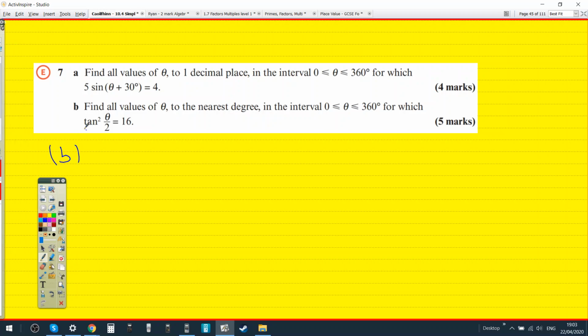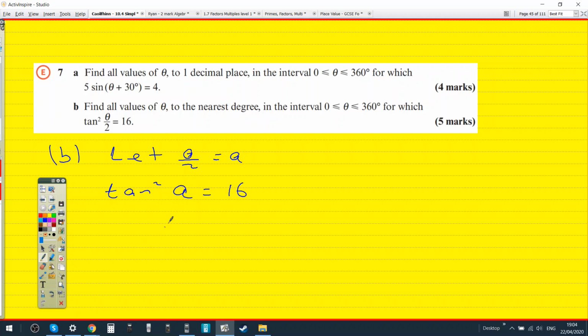How would you do 7b? How would you start this one? Would you still make theta over 2 equal to A? Yep. So then tan squared A equals 16, and then tan equals plus or minus 4.